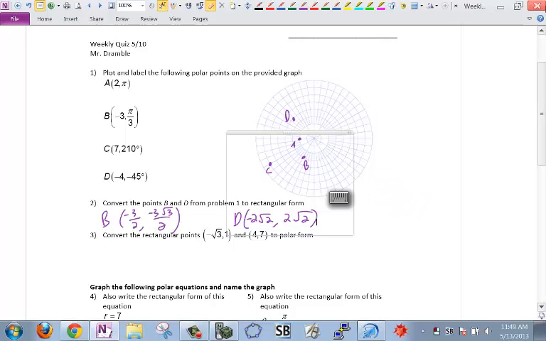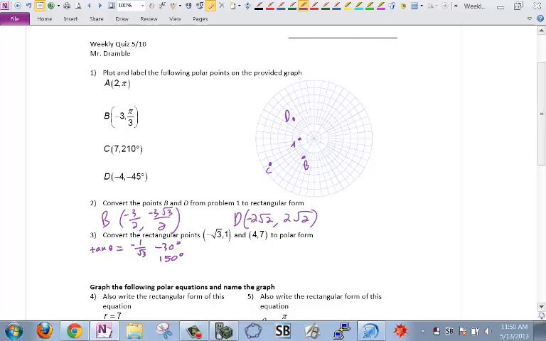For part 3, converting those points to polar, first of all, we have tangent of the angle is going to be negative 1 over radical 3. So you could have either said negative 30 degrees, or you could say 150 degrees.